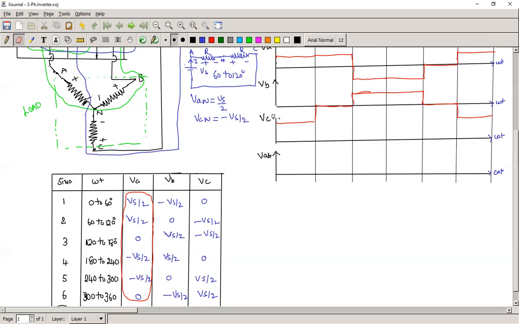Now we are going to draw for the C phase. This is the B phase. This is the C phase, VC or VCN. Now if you observe the VCN, initially 0 voltage.